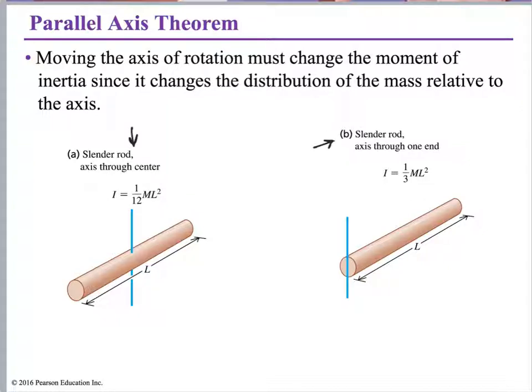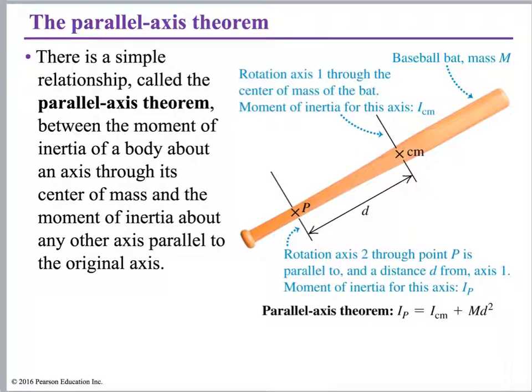And so we've moved it so it stays parallel to the original axis, but it's not passing through the center of mass anymore. And so there is an expression for how we calculate the moment of inertia about some point P. So right here's our point P, and here notice this is through the center of mass.